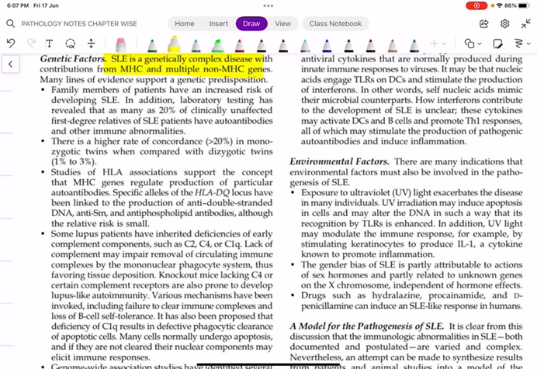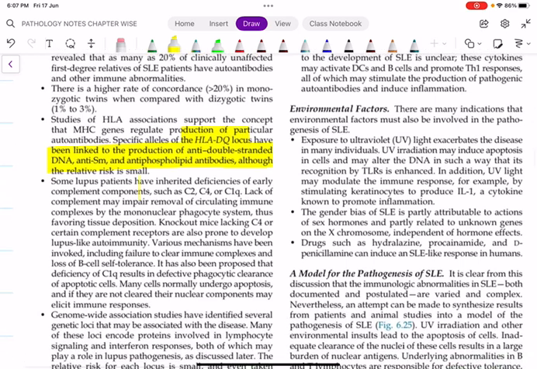For writing genetic factors, you are going to put the heading and below that you are going to write number 1, HLA-DQ, that too which produces anti-double stranded DNA, anti-Sm and anti-phospholipid antibodies. So this HLA-DQ allele, MHC, is also associated with increased risk of developing SLE.